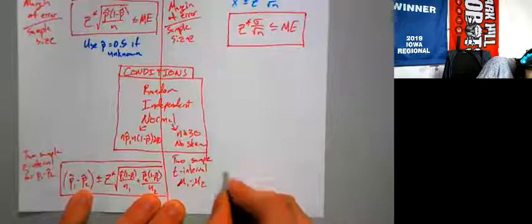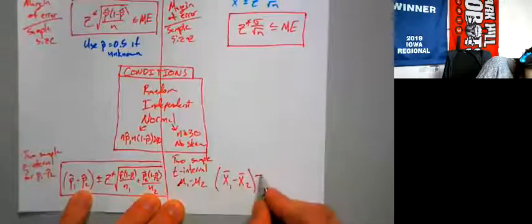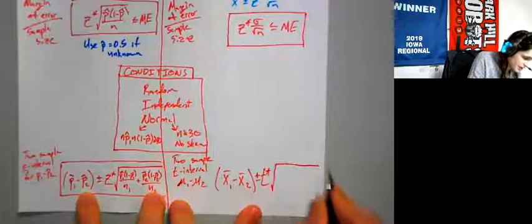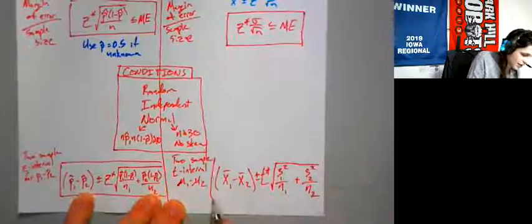That's going to be x bar 1 minus x bar 2 plus minus t star square root s1 squared over n1 plus s2 squared over n2. Put a little box around that.